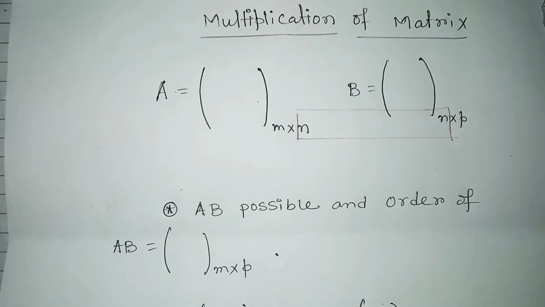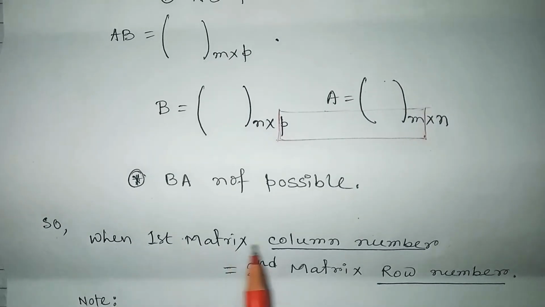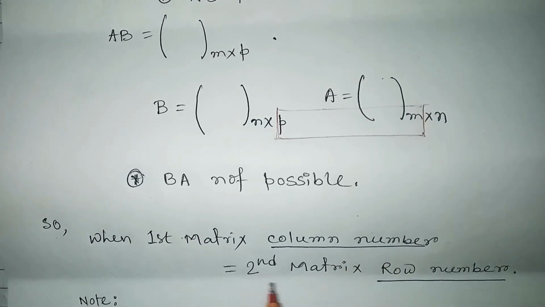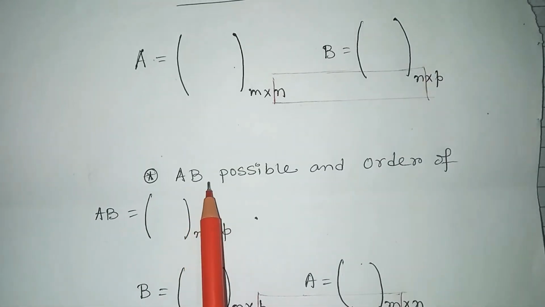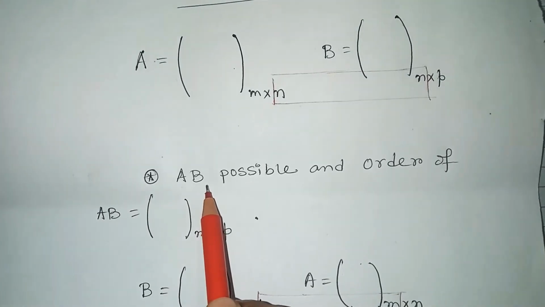How is it possible? One thing to note down, students: when the first matrix's column number is equal to the second matrix's row number, then matrix multiplication is possible. If you're writing AB, A is the first matrix and B is the second matrix.